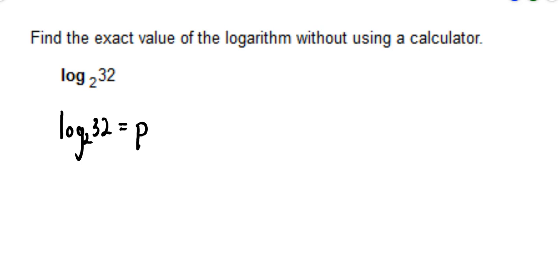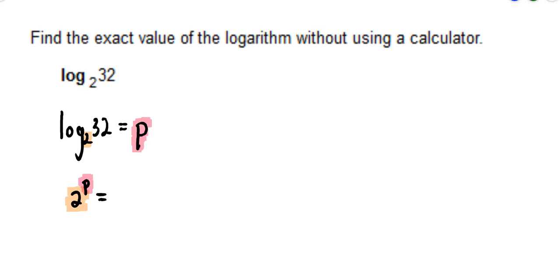So to rewrite the logarithmic equation, I'm going to use the base of 2 as the base of my exponential. The log always equals the exponent, so p will be my exponent or power.